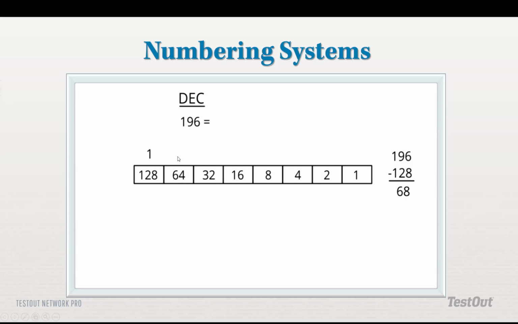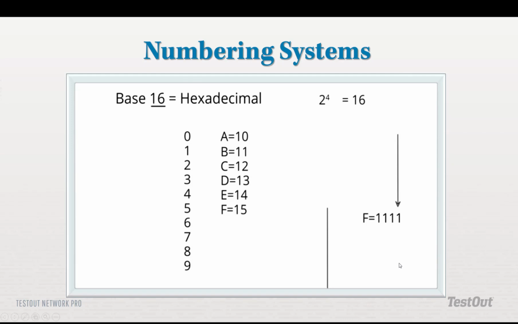So you would put a 1 there and subtract 64 from that. I believe the next slide does that. There it does. Then you have 4 left. What is the highest that will go into it? That would be 4. So you would put a 1 there and all zeros here, and that's all that's left over. So that's how you would do that.